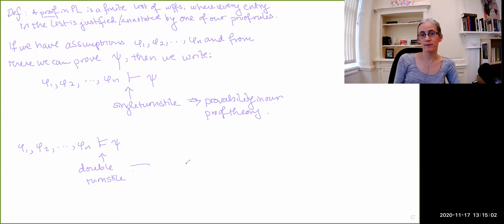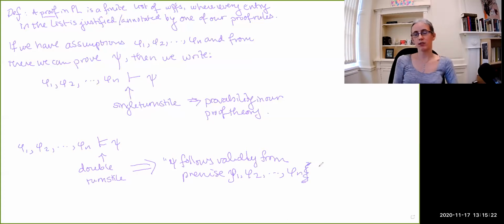This is a way of saying that psi follows validly from premises phi 1, phi 2, dot, dot, dot, etc.